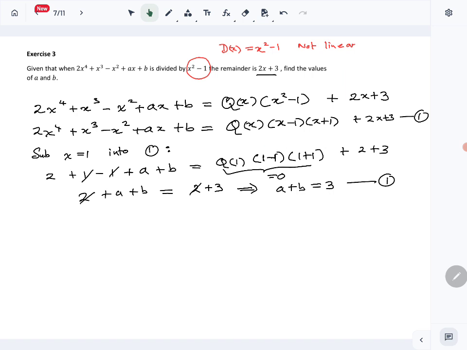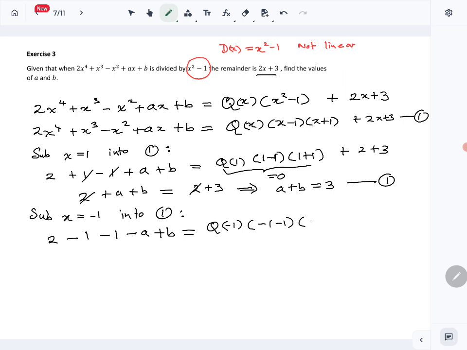So you can use the other factor. You can put x equals minus 1, and then this term again will become 0. So substitute x equals minus 1 into equation 1. So you get 2 minus 1 minus 1 minus a plus b, q of minus 1, minus 1 minus 1, minus 1 plus 1, minus 2 plus 3.